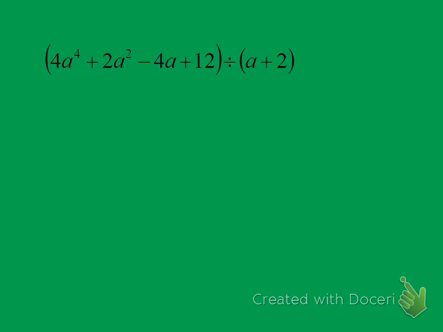A cubed! There's no a cubed! Everything we've done so far has gone from the biggest exponent we've been given on down in order. This one doesn't have an a cubed.